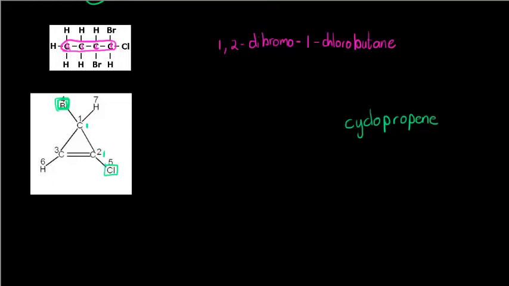When I do that, now all of a sudden my propene has a position, so I have to write my propene with its position in now, which is at number 2. So this is prop-2-ene, and it's a cyclopropene, and on it I have 1-bromo-2-chlorocyclopropene.